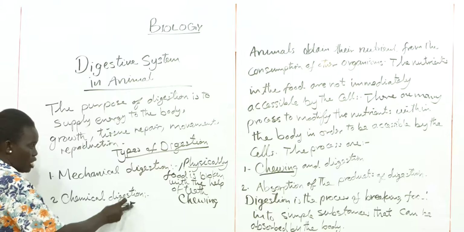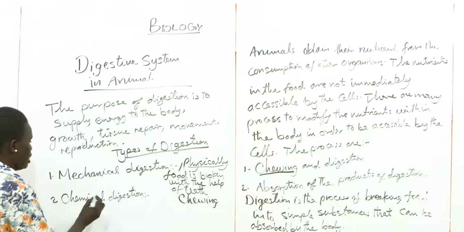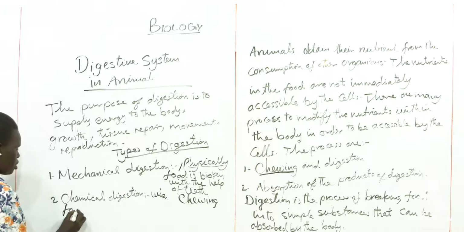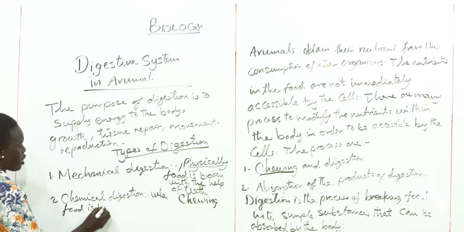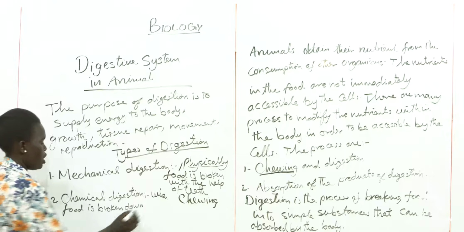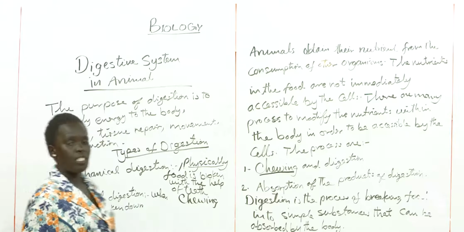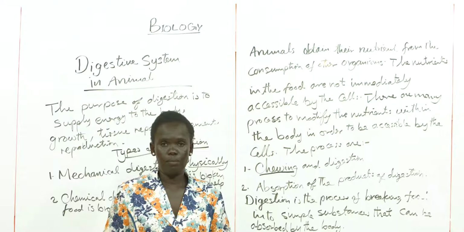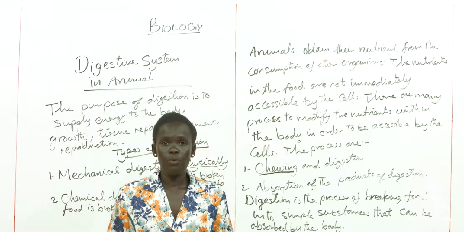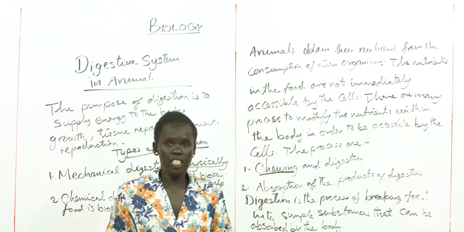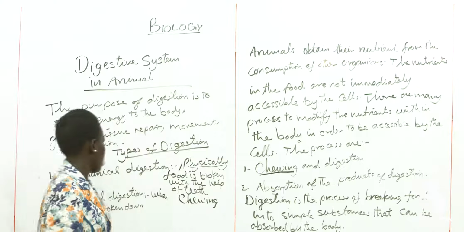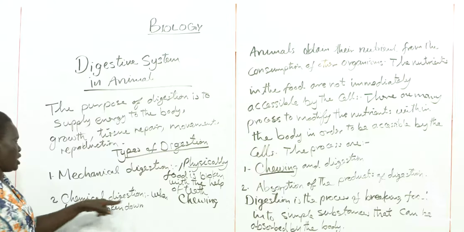Then chemical digestion, this is when food is broken down into the smallest units or substances with the help of enzymes, because enzymes are chemical substances. We are using them for further breakdown of food. That's why this type of digestion is known as chemical digestion.